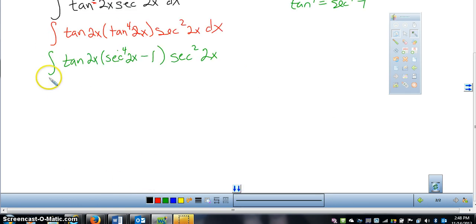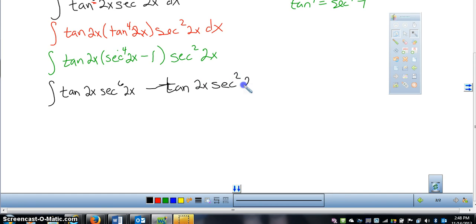Make it into two different parts here. I'm going to have the tangent of 2x times secant to the sixth of 2x minus the tangent of 2x secant squared of 2x.